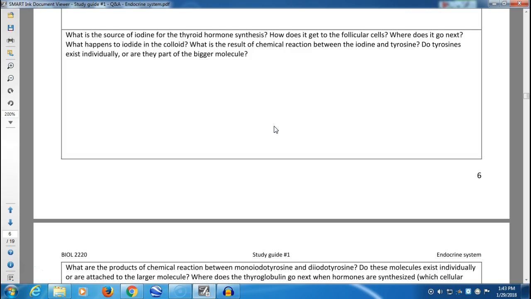What I told you are the major steps that you need to know. The biosynthetic pathway details, skip that. But like tyrosine, iodine, and in the end you have thyroid hormone that is still attached to the protein and will be released only after the breakdown in the follicular cell. Are we clear?